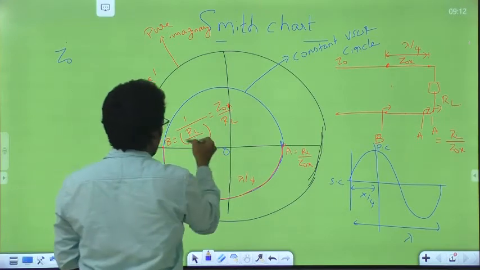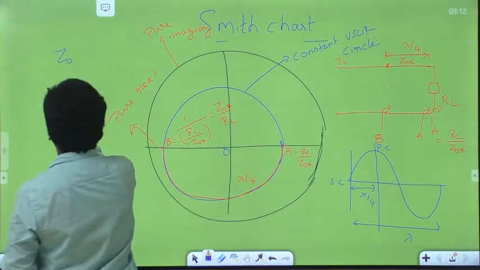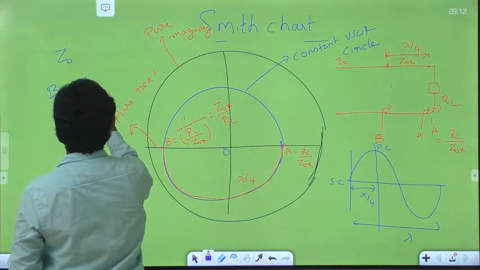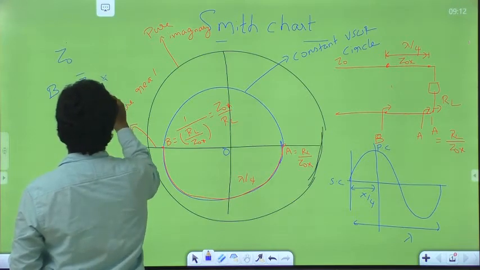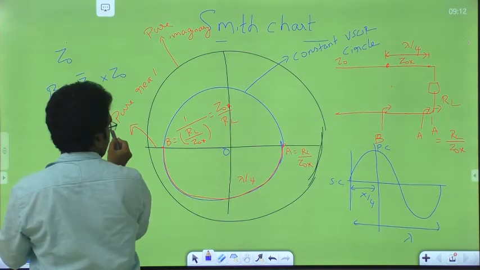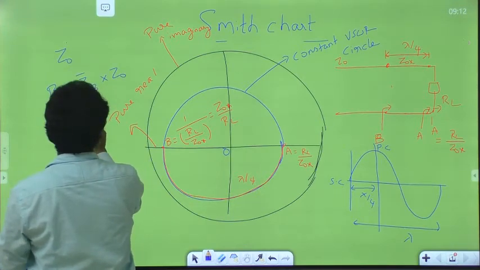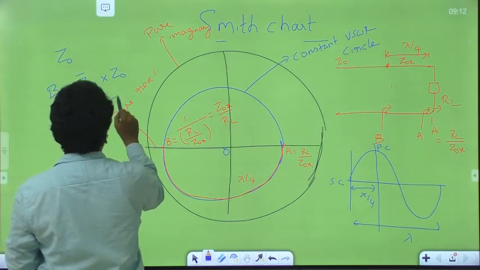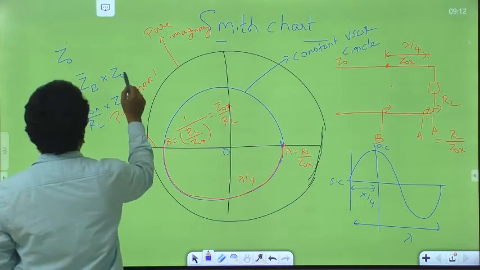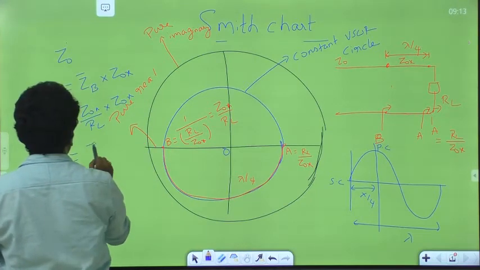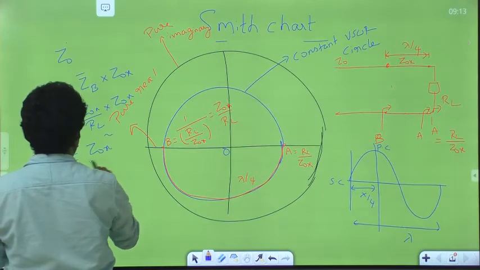This is normalized, right? So first of all, find out the absolute impedance at B. Absolute impedance is equal to the normalized impedance into the characteristic impedance. That is equal to Z_B, which is Z0X by RL into Z0X. Here the characteristic impedance is Z0X, so we take Z0X. It is equal to Z0X square by RL.